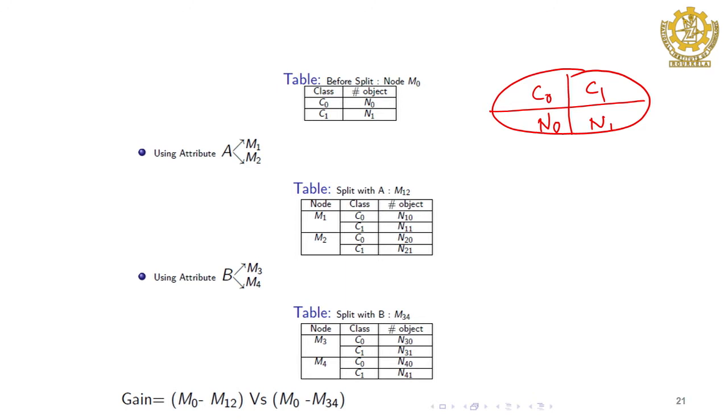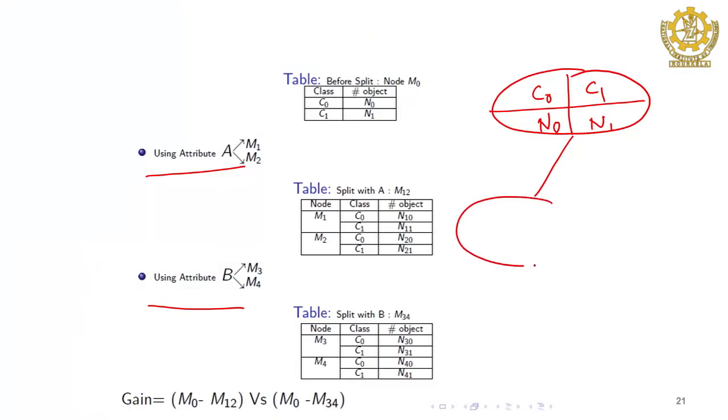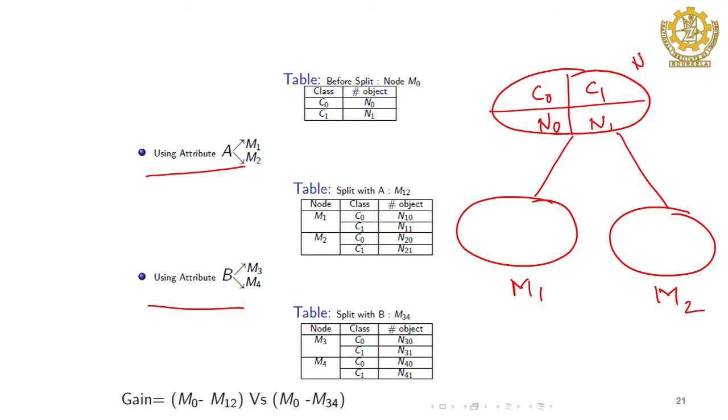Now we assume that this data set has two attributes, attribute A and attribute B. If I apply attribute A, we get a node, say M1, and another node, M2. The total number of objects here is N0 plus N1, which will be distributed among these two nodes.